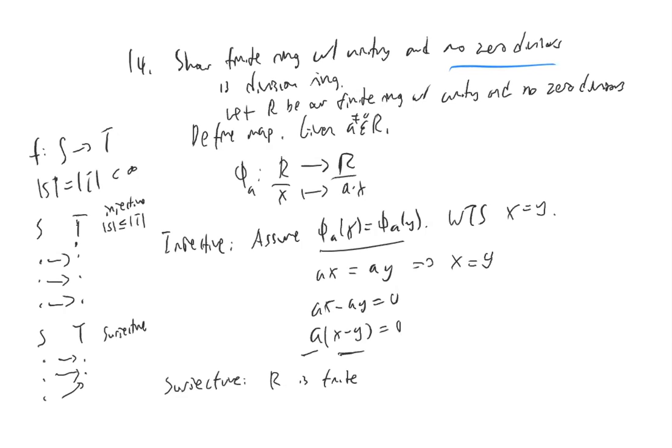So if you hit every element, you must be at least as big as your image. So you see why you only need one: once you have injective, I know this is true, but I know these are equal, so it can't be purely less than or equal. That's the idea of why you only need one of them.